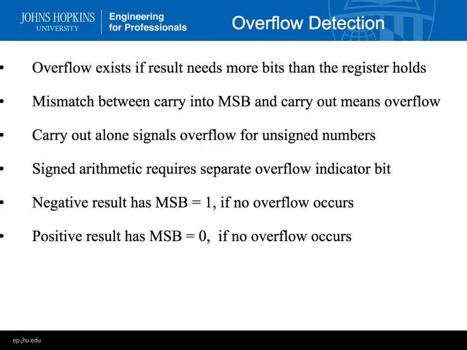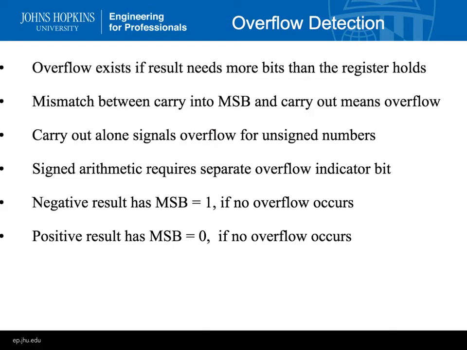If it's an unsigned number and the carry out is 1, we know that's overflow. There can't be a carry out on an unsigned number. But if we have arithmetic, the overflow is indicated when the most significant bit and the carry out don't match.